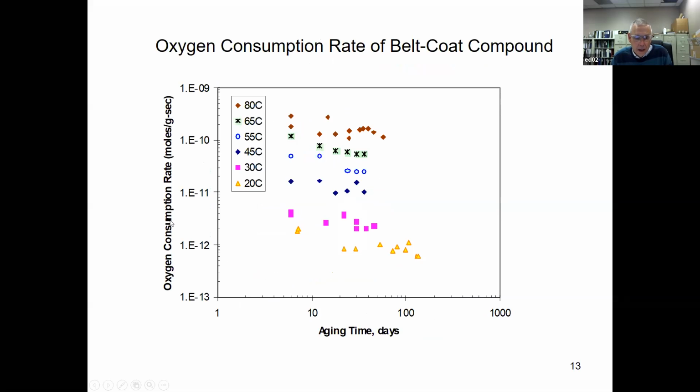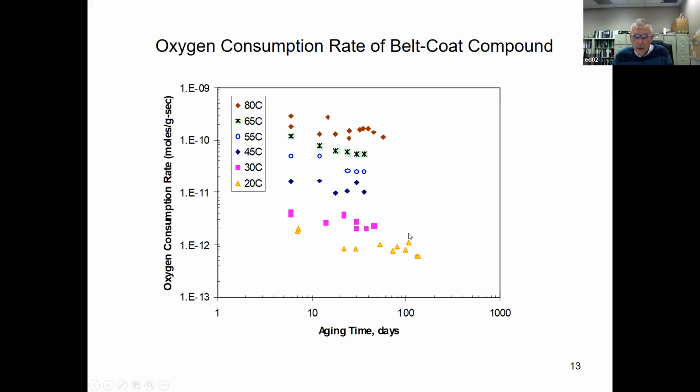So here's oxygen consumption rate as a function of aging time: 20 degrees C, 30 degrees C, 45, 55, 65, and 80. So here's the 20 degrees C. These are measurements of oxygen consumption rate as a function of time. And then the 30 degrees C data, 45 degrees C data, 55 degrees C data, 65 degrees, and 80 degrees.